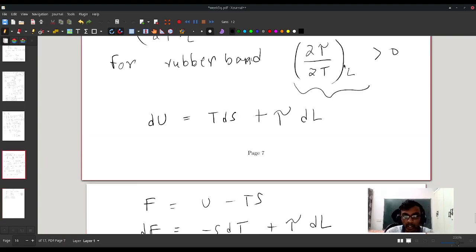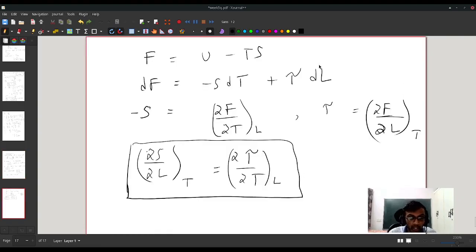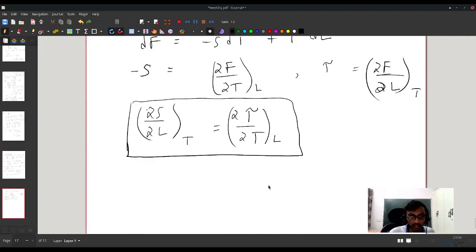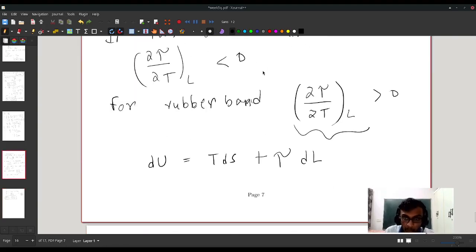So this quantity that we are interested in, how the tension changes with the change in temperature at constant length, can also be related to this change of entropy with length at constant temperature using a Maxwell relation. We can get a sense of the quantity on the left-hand side from our microscopic model, and we can then say something about the quantity that we are interested in.